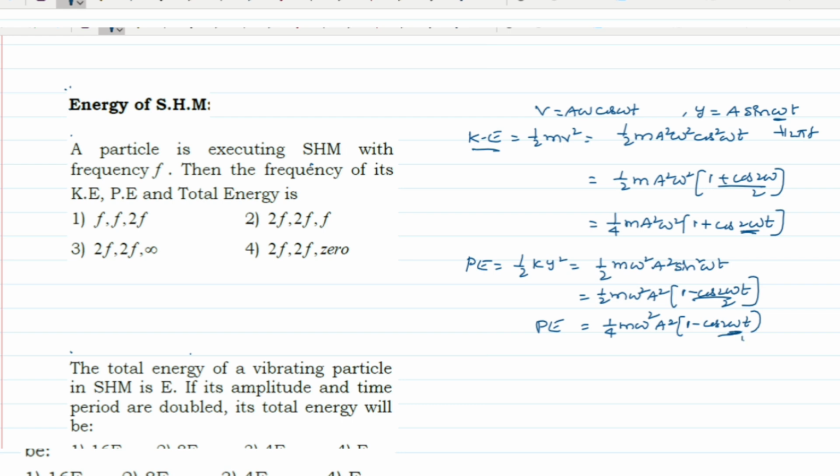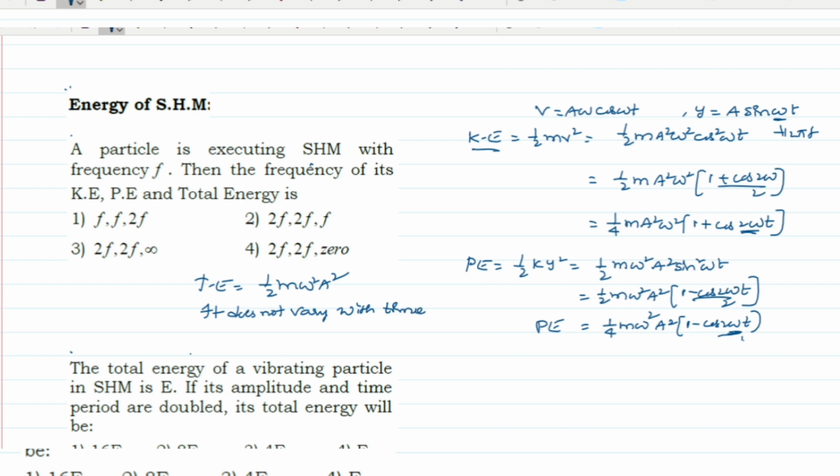And the third thing is total energy. The total energy formula is half m omega square a square. Remember students, total energy does not vary with time.